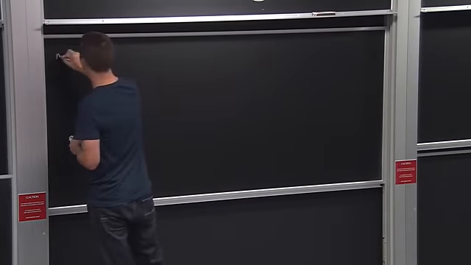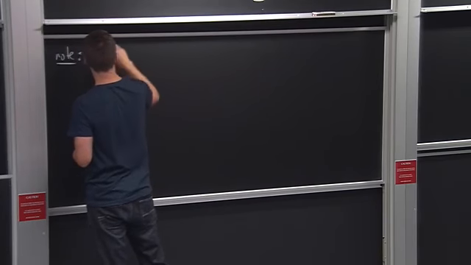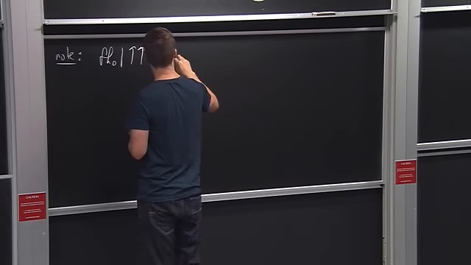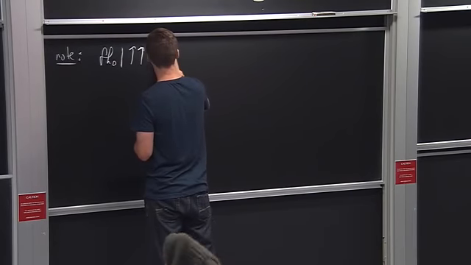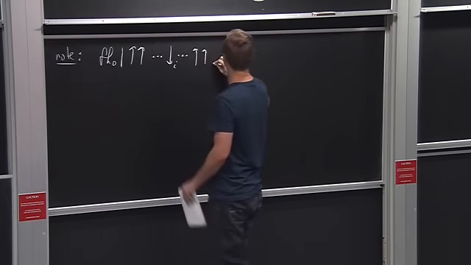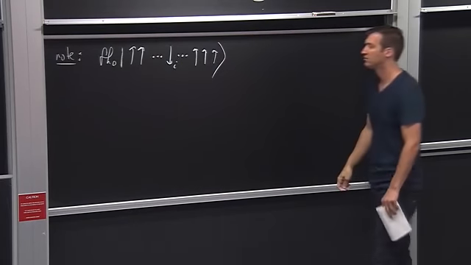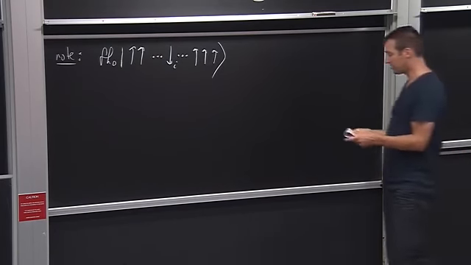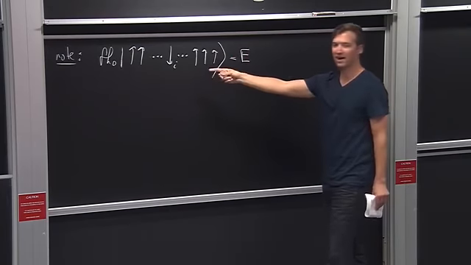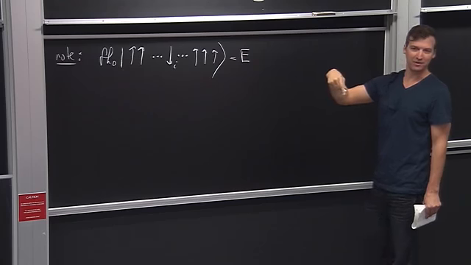So then H naught applied to this state just gives you the ground state energy plus that energetic gain due to that droplet.